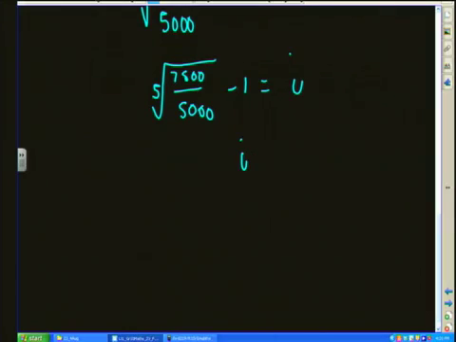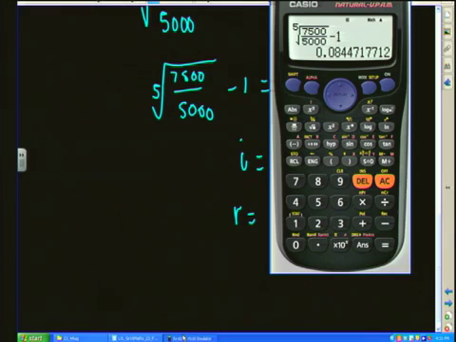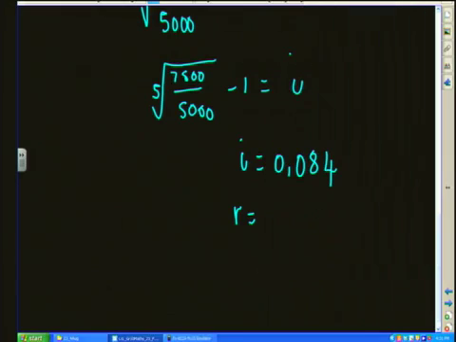And you get an answer of 0,084, so therefore I is equal to 0,08 if we were rounding off to 2 decimal places, or 0,084 if it's 3 decimal places. Therefore your interest rate will be, times that by 100, and you get 8,4%.